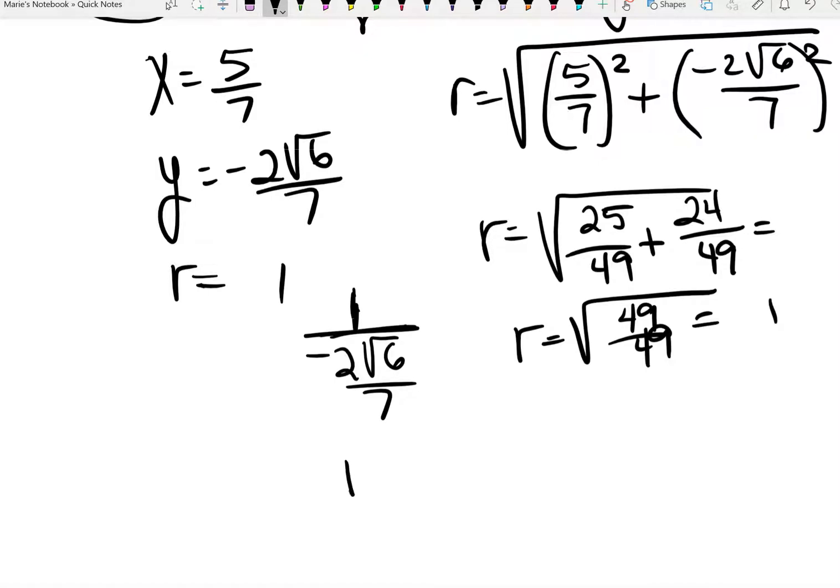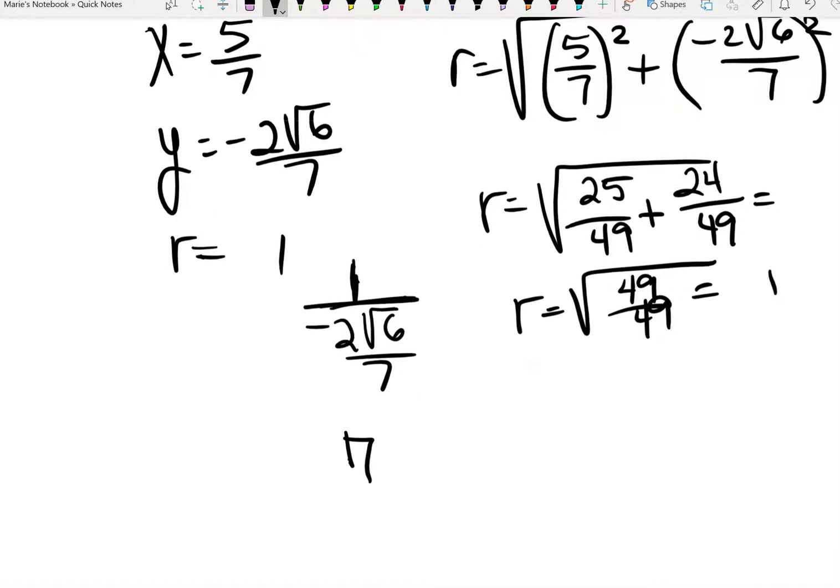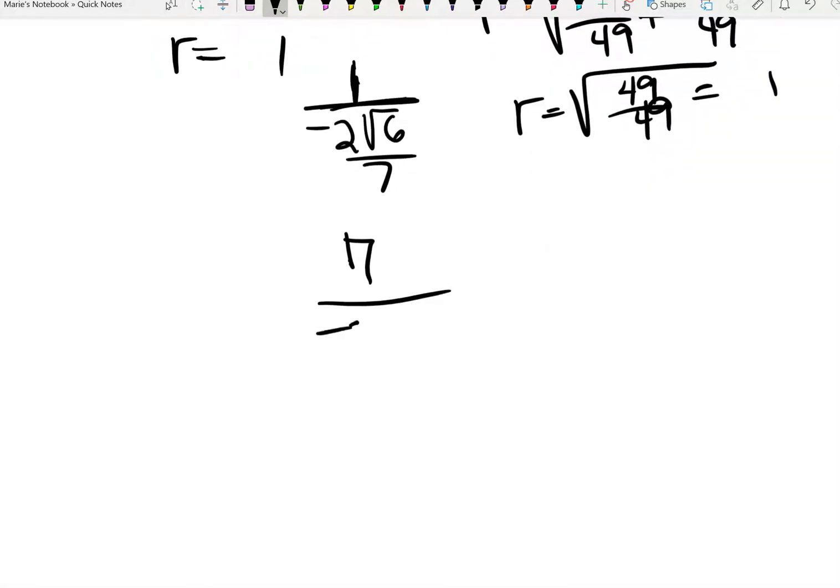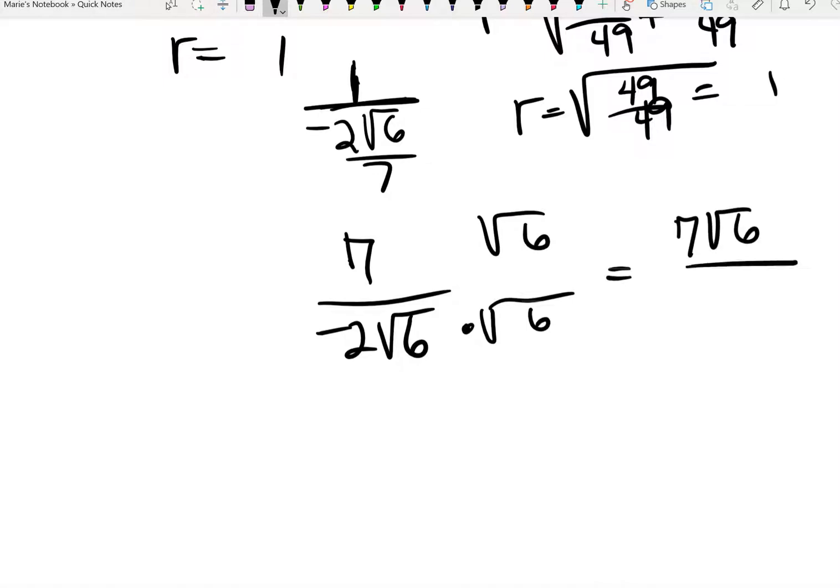This will become 7 over negative 2 square root of 6. And so we're going to multiply by square root of 6, top and bottom. This will leave you with 7 square root of 6 over 12, and yes, it's negative. And that's your answer for that one. That should be answer choice C for 21.